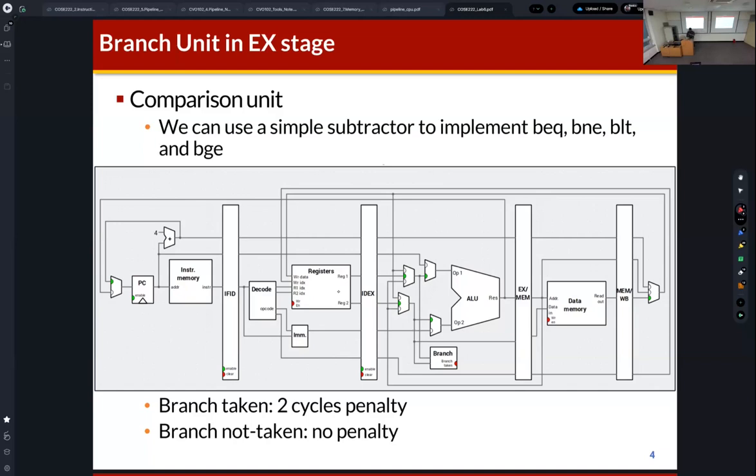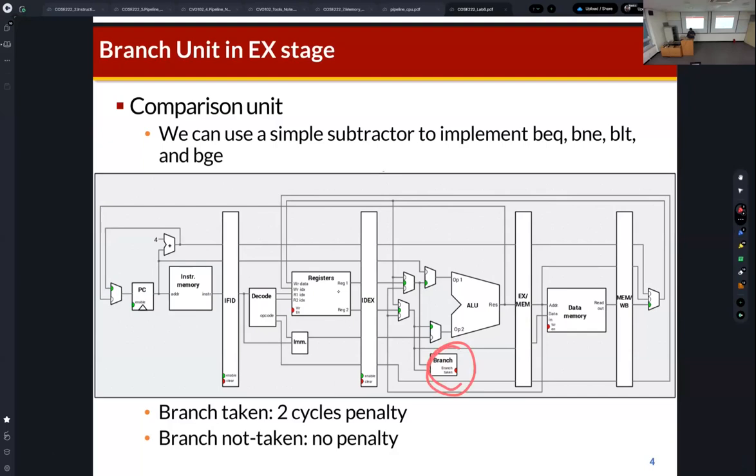And then, as I mentioned, if we just follow the pipeline architecture in the textbook, it is more complex, right? I don't think it's a good design, because the data cannot be forwarded for branch instructions, right? So in this lab assignment, this is the branch unit. It just compares the 2 register values, right?